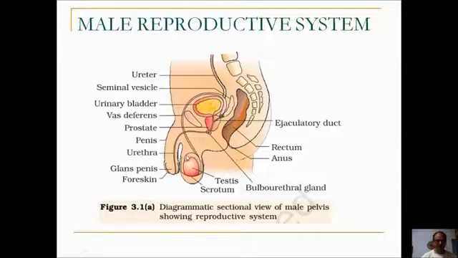Now you can see the testis. This is a primary sex organ. Then we have the secondary sex organs, where it moves to the duct, and then the external genitalia, that is penis.